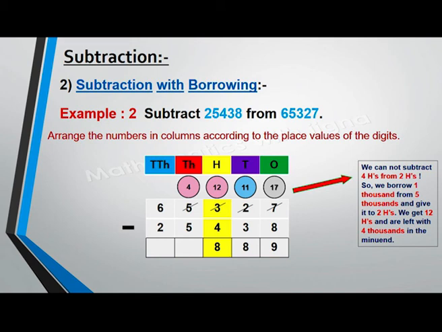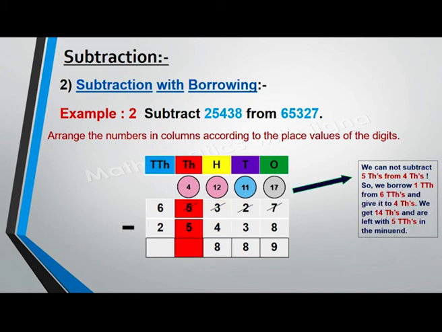Now students, the thousands. We cannot subtract 5000s from 4000s. So we borrow 1 ten-thousand from 6 ten-thousands and give it to 4000s. We'll get 14 thousands and are left with 5 ten-thousands in the minuend.